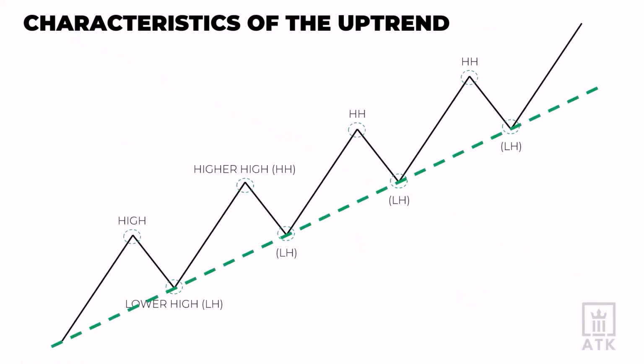If you're in an uptrend and price is in the middle, you're going to wait for it to hit the top peak or the bottom peak. Why? Because in the middle, you don't know which way it's going to go. But at the peak, you have a very good chance of knowing where it's going to go.